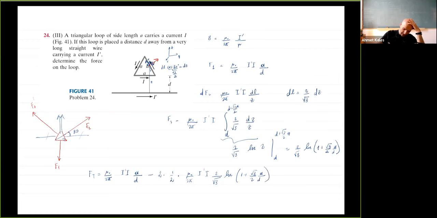There are some cancellations. Okay, this 2 goes with this 2. And if I combine everything, this is going to be something like this.